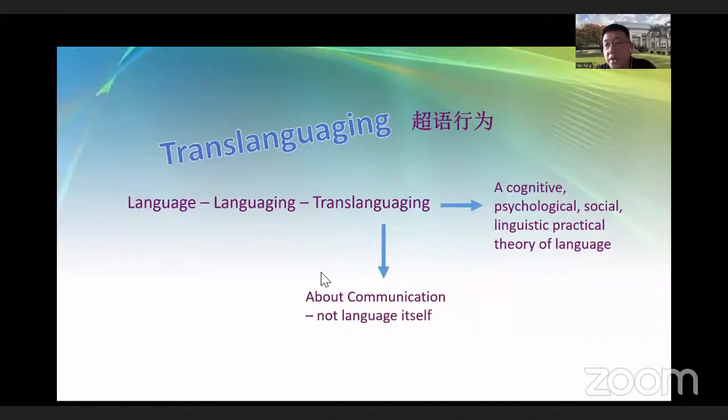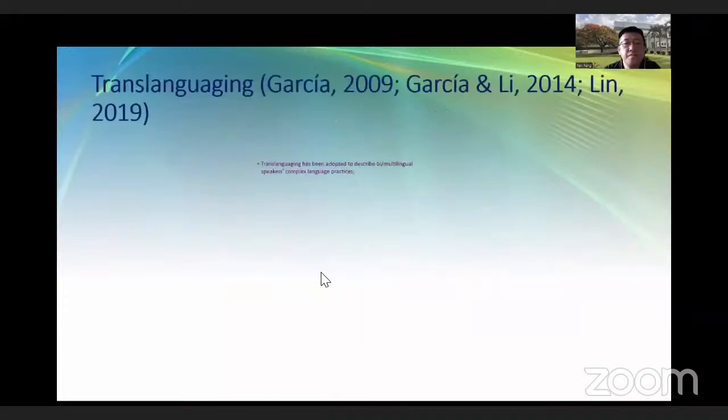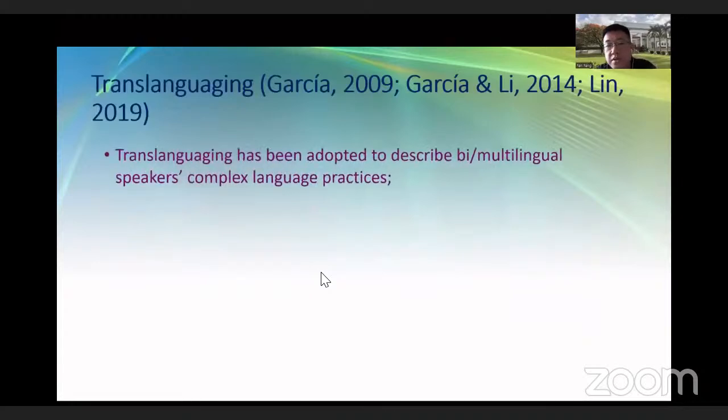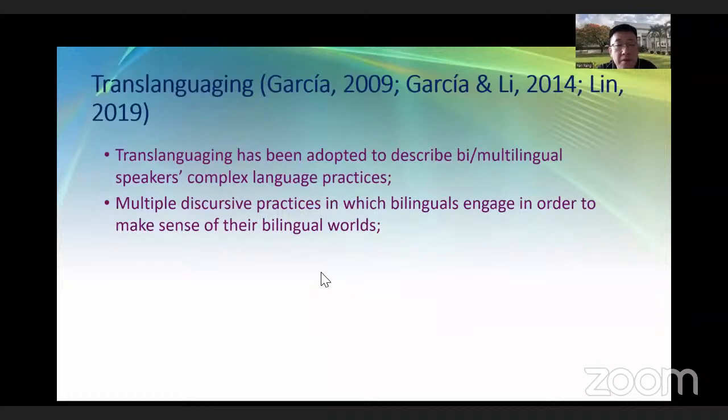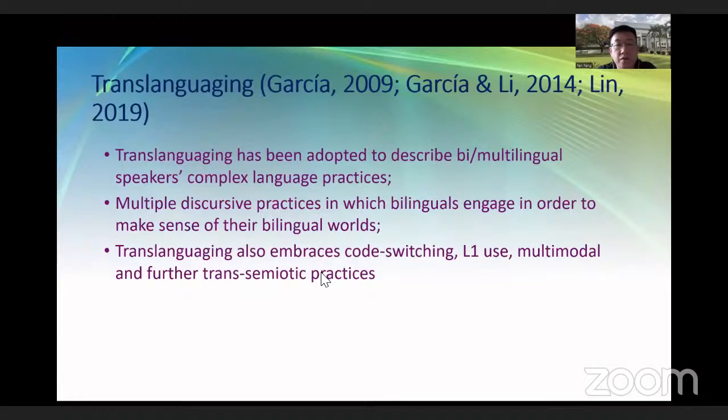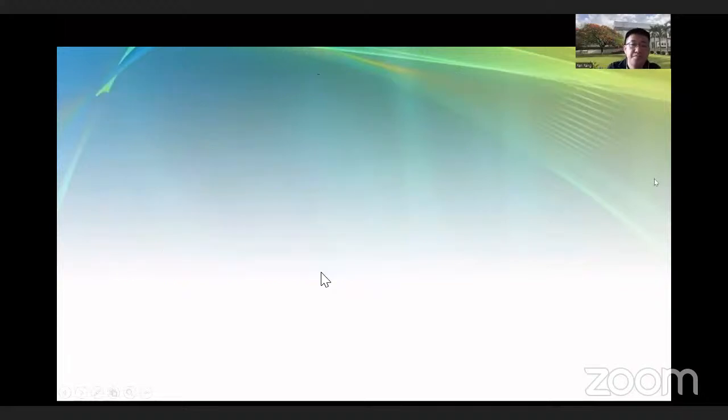Effective communication, not from the perspective of language itself, right? So it has been adopted to describe bilingual, multilingual speakers' complex language practices, multiple discursive practices in which bilinguals engage in order to make sense of their bilingual worlds. And translanguaging also embraces code switching, first language use, multimodal, and further transsemiotic practices.